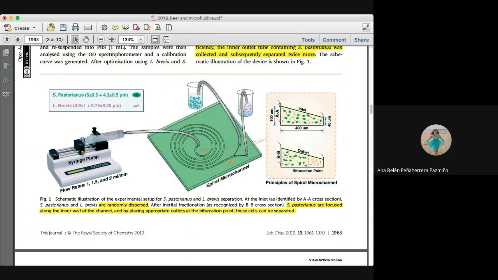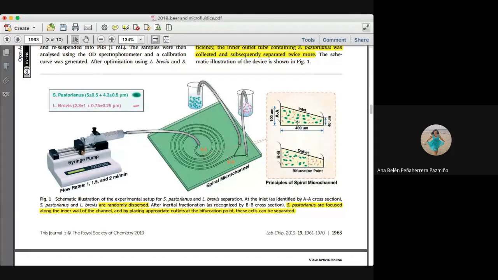it has a trapezoidal shape. As you can see here, the AA transversal cut, so you can see the dimensions. The inner wall of the channel is 100 microns, while the outer wall of the channel is 40 microns, and they are separated by a distance of 400 microns.